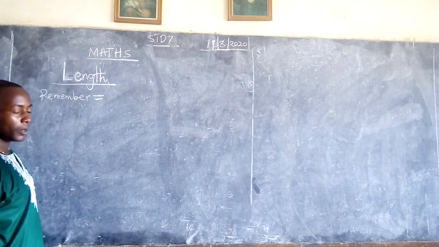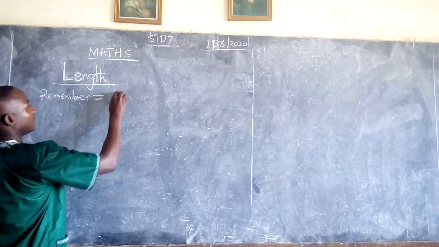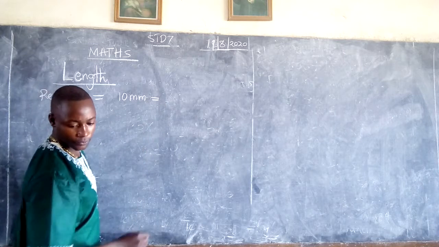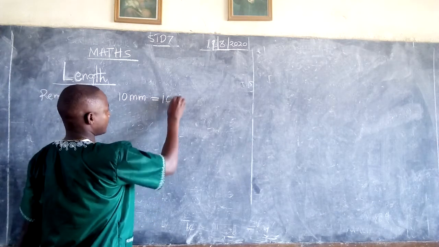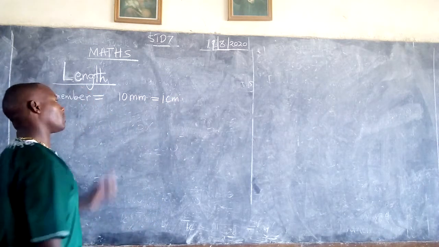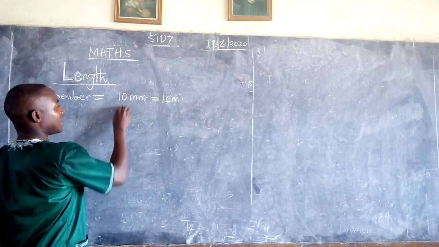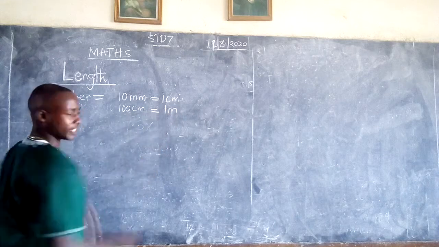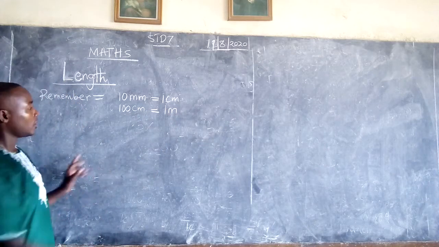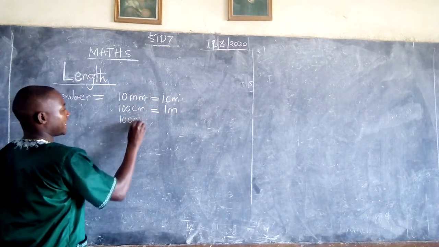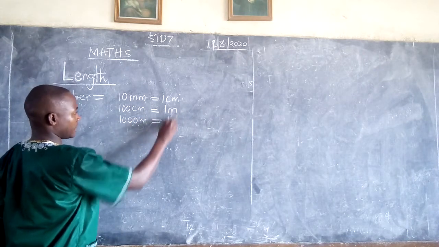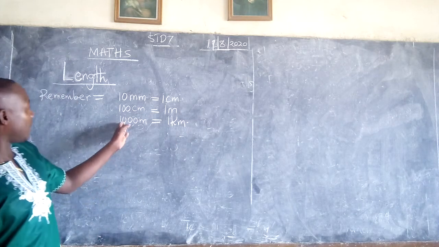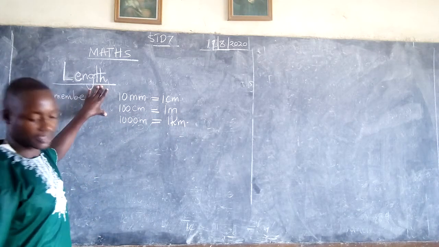For example, you must have learned that 10 millimeters is equal to 1 centimeter. You must have also learned that 100 centimeters is equal to 1 meter. Again, 1000 meters is equal to 1 kilometer. Those are the things that you learned about length in the previous classes.